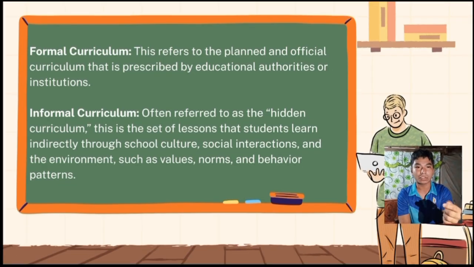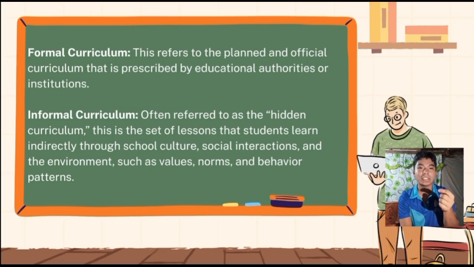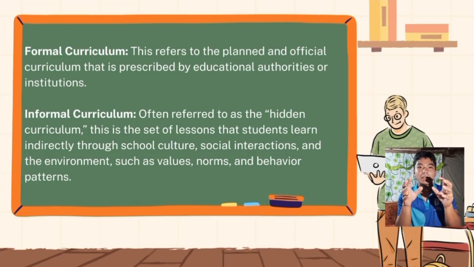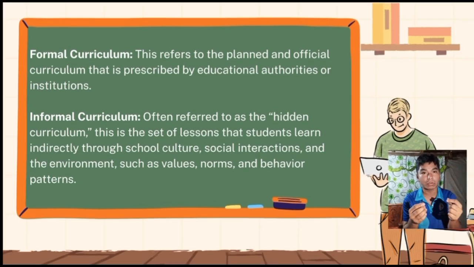It is a set of lessons that students learn indirectly through school culture. Students learn teamwork, leadership, respect, and discipline, which are not specifically included in the formal curriculum or formal subjects but exist in the school environment.